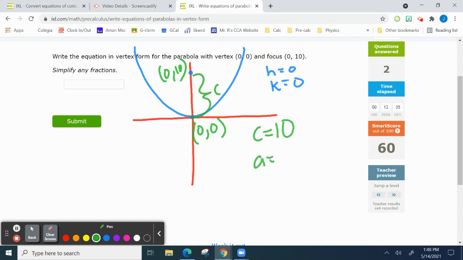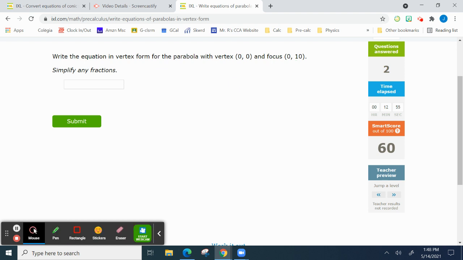So a equals 1 over 4c, which equals 1 over 40. Yes, it can equal 1 over 40. So that's how that goes. Just graph it out, put the points in. You don't have to be perfectly accurate because you're going to be using the numbers themselves, right? So I'm going to clear that, and let's jump one more level.